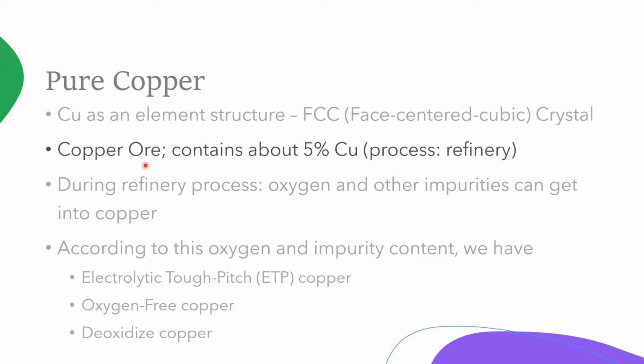So copper ore is in the ground, and it usually contains about 5% copper right now. And we use refineries, the refining process. Oxygen and impurities can get into the copper in that process, and we don't want that.